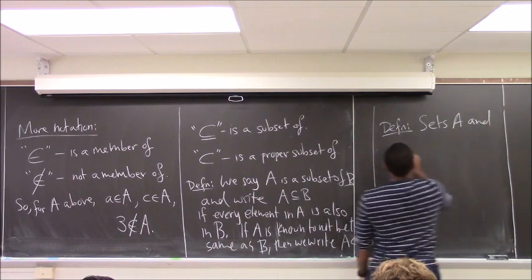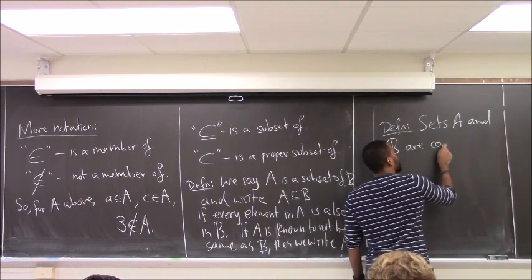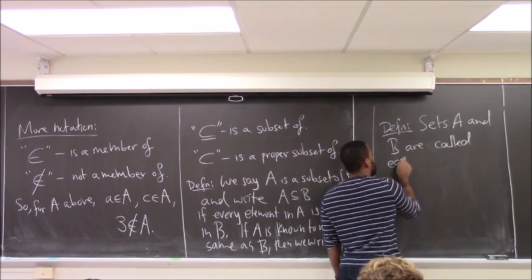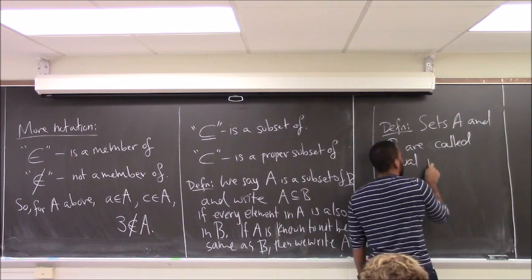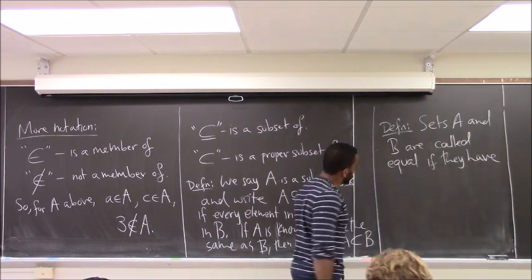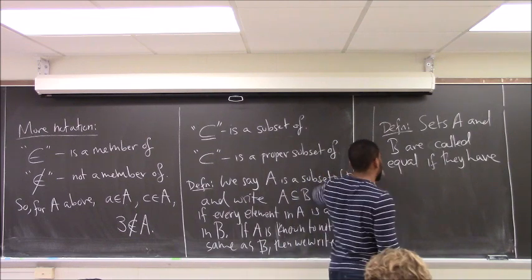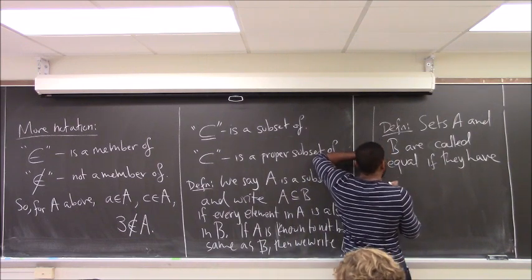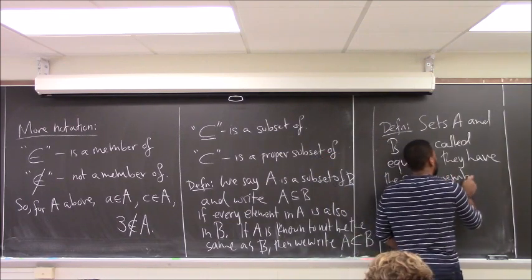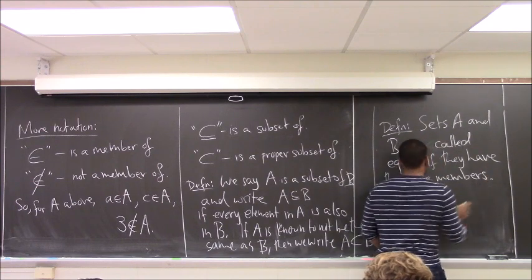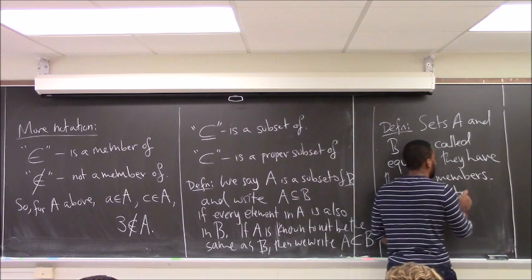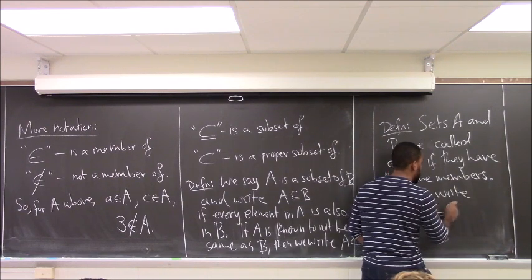Sets A and B are called equal, we'll take the naive view of set theory where a set is determined precisely by its members. So they're equal if they have the same members. And we write A equals B in this case.